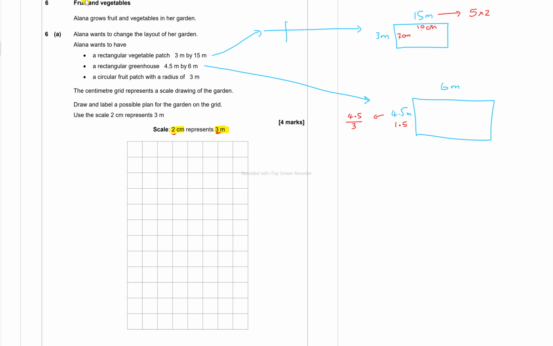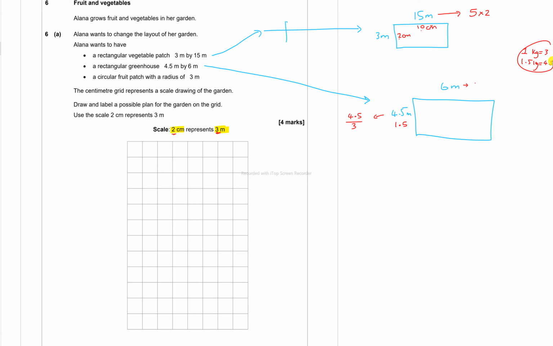Yeah, it's like saying 1 kilo costs £3. How much can I buy for £4.50? That'd be 1.5 kilos. Anyway, I don't know if that's a good example. Let's move on.